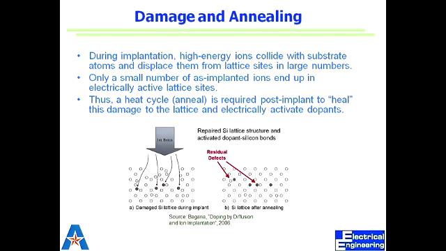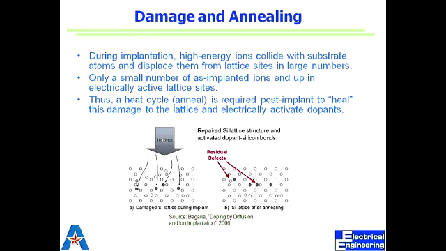Before annealing, they don't contribute as carriers. There will be very few who are active, who have reached their positions where they contribute charge carriers. So we have to get all of them to do that. That's called annealing, to activate the dopants. There's nothing like switching on and off, but we provide enough heat so they can fall into the lattice place to start contributing their electrons or holes.